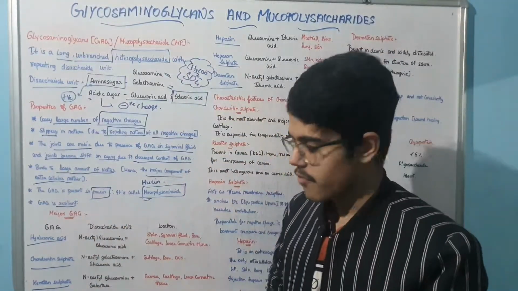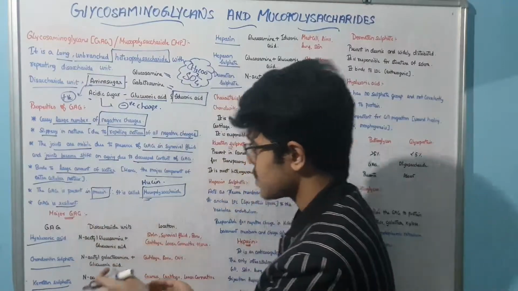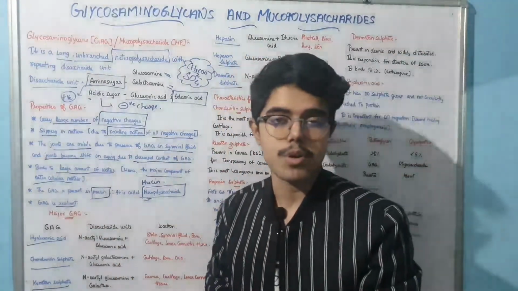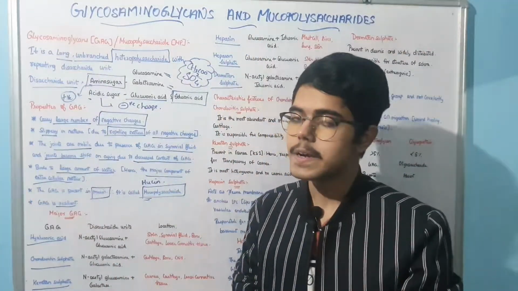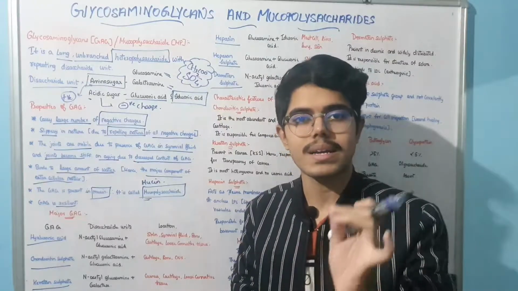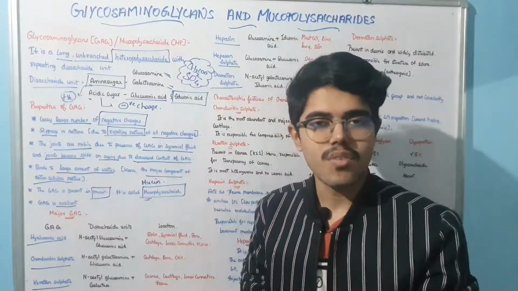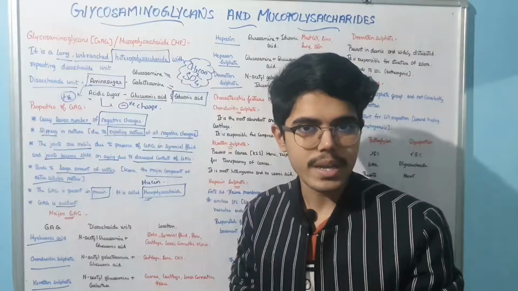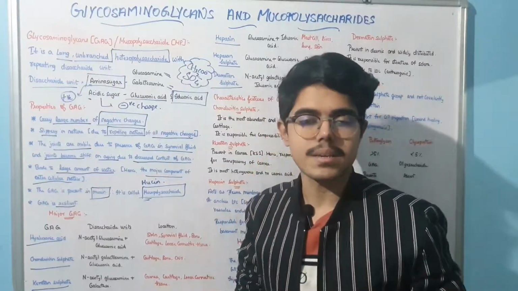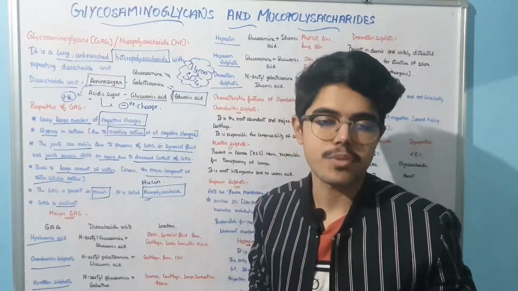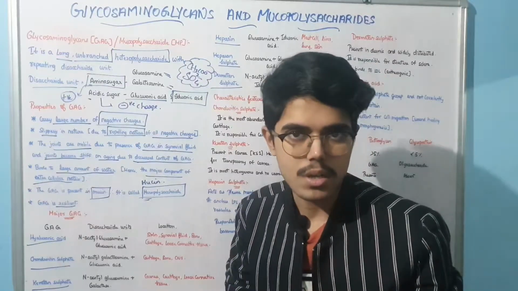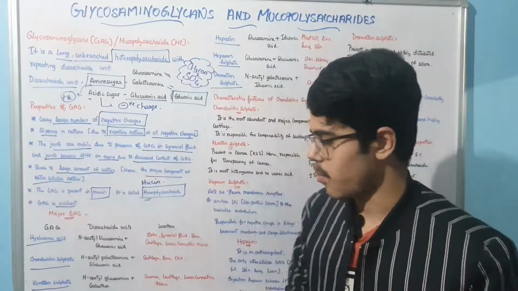Right, now for hyaluronic acid, when you learn all those disaccharide units, from the exam point of view, if they ask a 5 mark question, it will be very confusing which is N-acetyl glucosamine and which is N-acetyl galactosamine. If you learn everything in order, it will be very confusing when you write the examination. Now how to learn, sir? It is important.